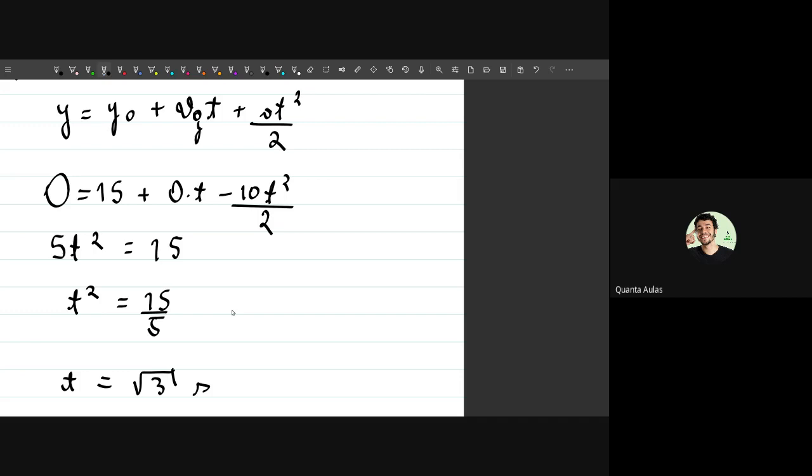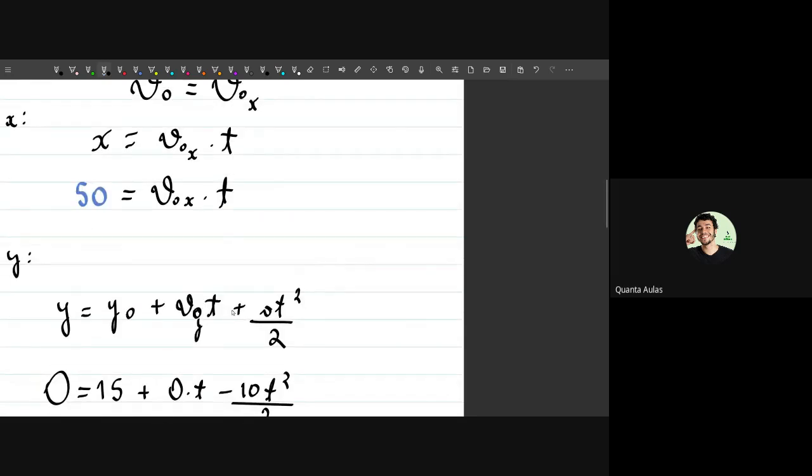This is a decimal value, but I will use the square root of 3, even. But if you wanna transform this into a decimal number, you are free to do this.